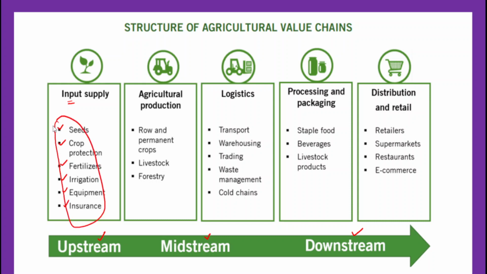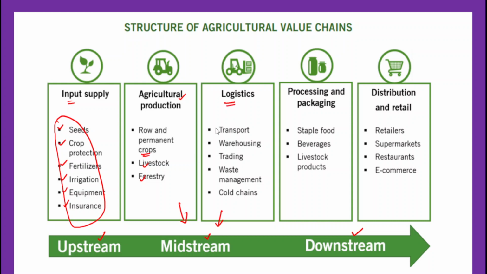Okay, so apart from that, the midstream involves agriculture production. For example, raw and permanent crops, livestock, forestry. So all these come under agriculture production, and it is part of the midstream. Now apart from that, logistics will also come under the midstream of the agriculture value chains. Now what does logistics mean?